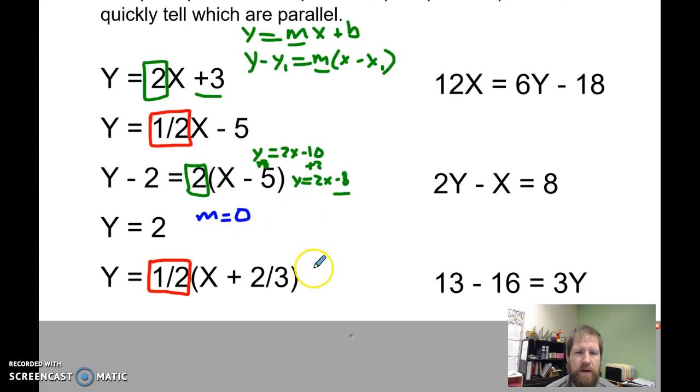Oh, I guess it's not too bad. Maybe I made that one easy on purpose. So 1/2 times 2/3, those cancel. We're left with 1/3. 1/3 is not the same as -5, so these two have the same slope, different y-intercepts, so they are parallel.